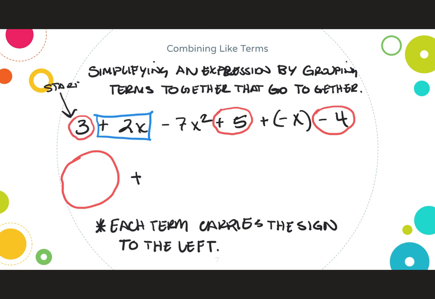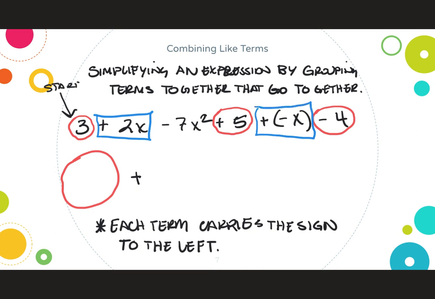So I'm going to go to the next term, and I got a 7x, but there's a 2 up here. So the 2 means it doesn't go with this x because they are different. So I'm going to keep going, and I got plus negative x. So I'm going to put a big square around that.